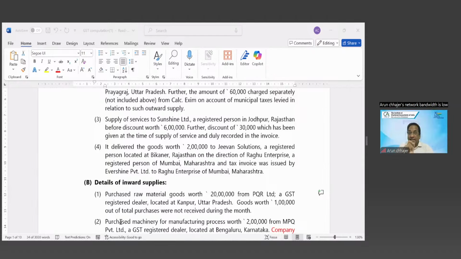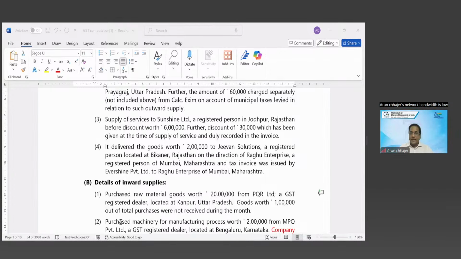So I'm assuming that there are separate invoices, and there is a separate invoice for rupees 1 lakh, and rest all the conditions for claiming the ITC are satisfied. Okay.